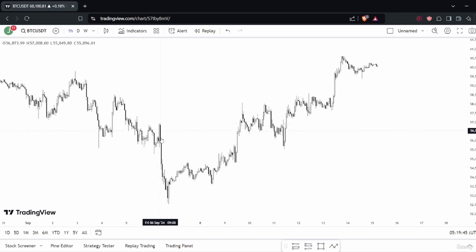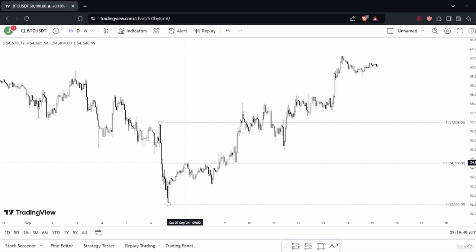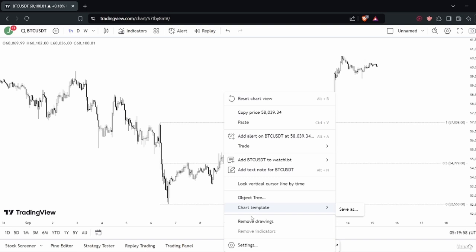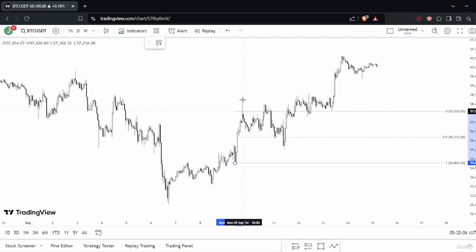We can see this is a structure, 0.50%. What does it do? Rejects, goes lower, but ends up going past through it. We usually want to see 0.50% react on the price. Now we have this structure.